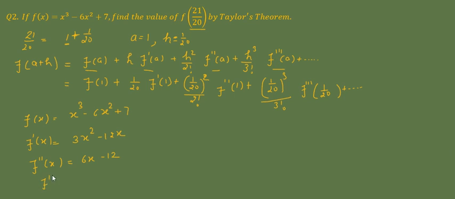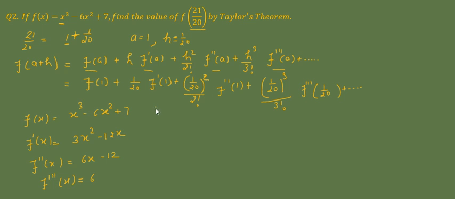Now what is third derivative? That is 6. So why have we computed up to third derivative? Because this function, this polynomial, is of degree 3. So fourth derivative will be 0. So stop this process of computing derivatives here. Just calculate first, second and third derivatives.